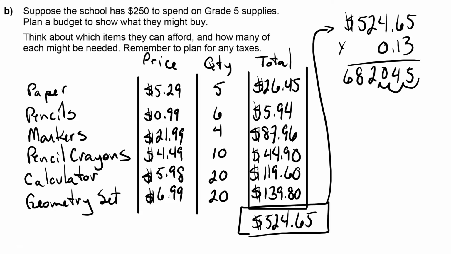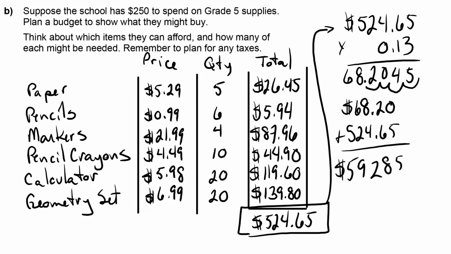So 1, 2, 3, 4. So the tax will be $68.20 of tax. We'll add that to our total cost of $524.65 to get our total price, including taxes, of $592.85.